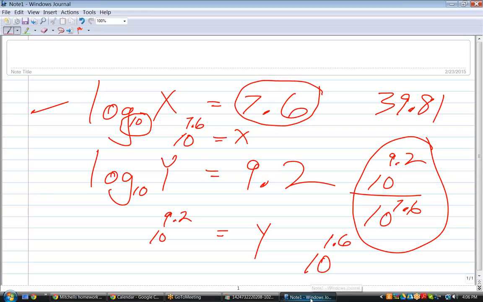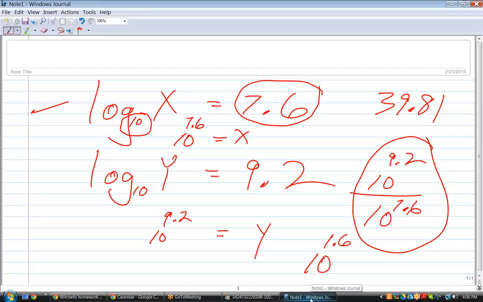Now, it's been a while since I've done these Richter scale problems with logarithms, so I think I did it correctly. I can't imagine a different way to do it. Let's think for a moment.